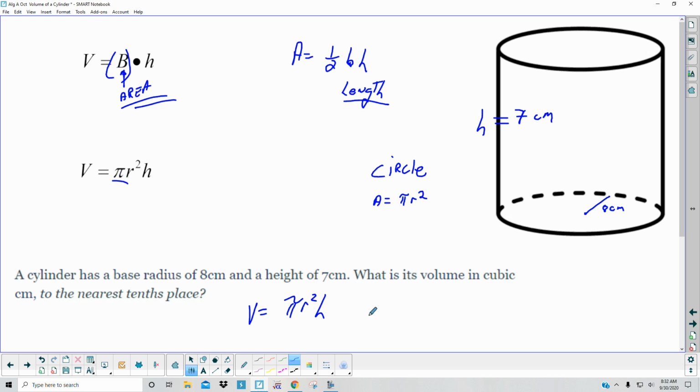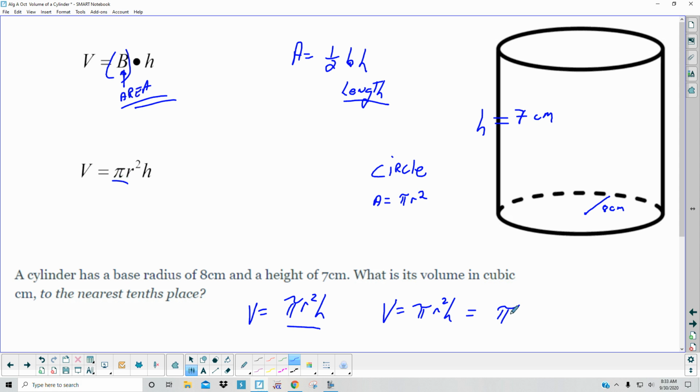Now, a piece of advice for you guys. There are going to be quite a few formulas that you'll be exposed to. My advice is every time you go to use a formula, write it like this first. The more you write it, the more you develop muscle memory to help you remember the formulas. So physically, each time, write pi r squared h, and then fill in what you need.